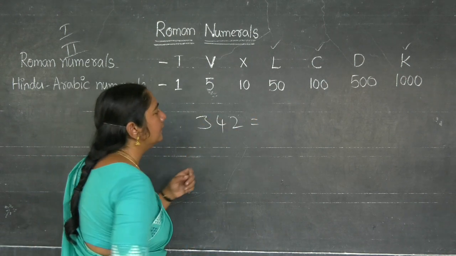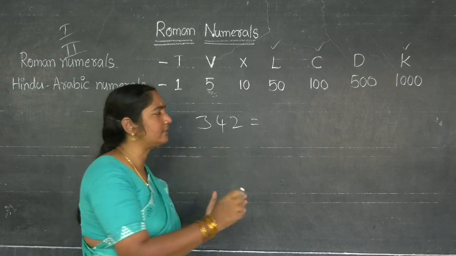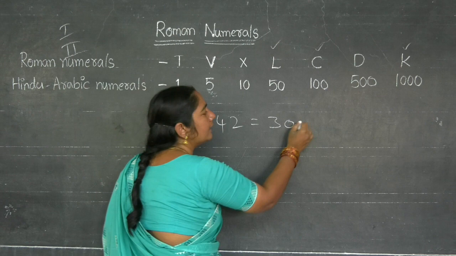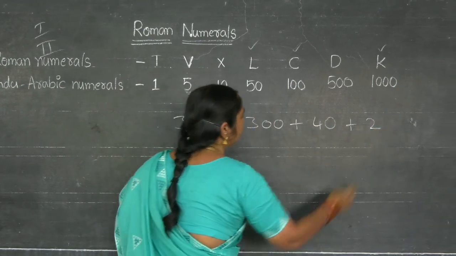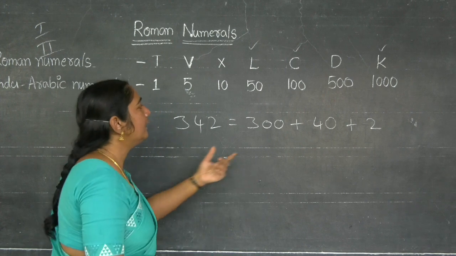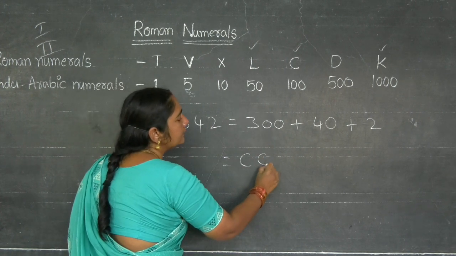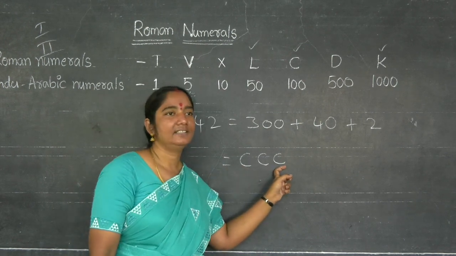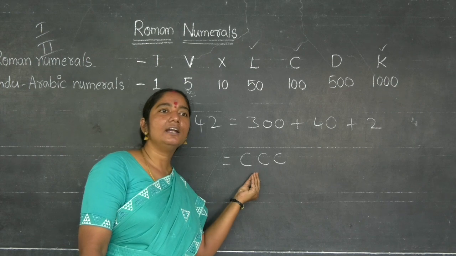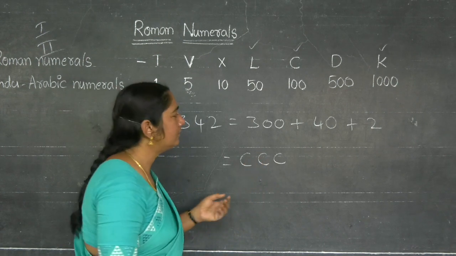See, now 342 you can always try to break it. That means 300 plus 40 plus 2. Now, we can write 300 as, already we know 100, C plus C plus C. When you write 3 C's beside each other, 100 plus 100 plus 100, that is 300. Understood?